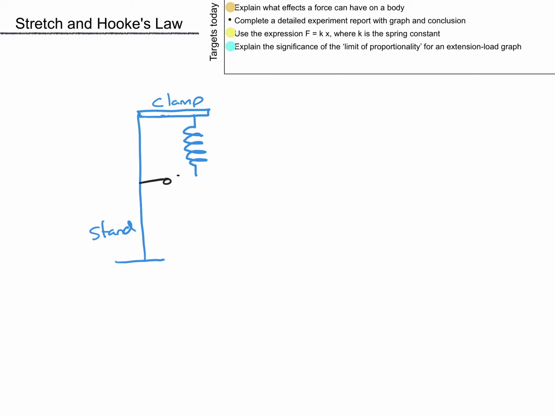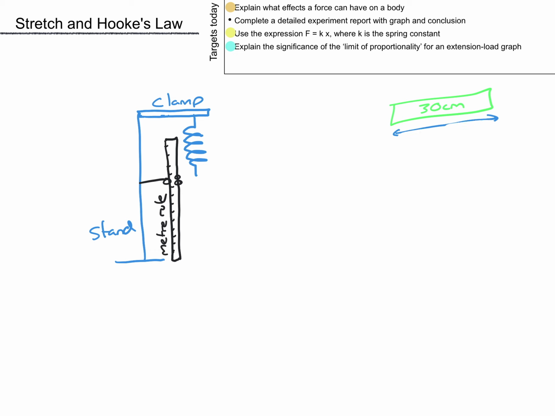You can get a second stand if you want, so you can clamp the rule in position. Obviously, make sure you use a calibrated meter rule, not your freebie ruler that could easily give you incorrect results. I once saw a student using a 30 centimeter ruler that was only 28 centimeters long when I checked it.